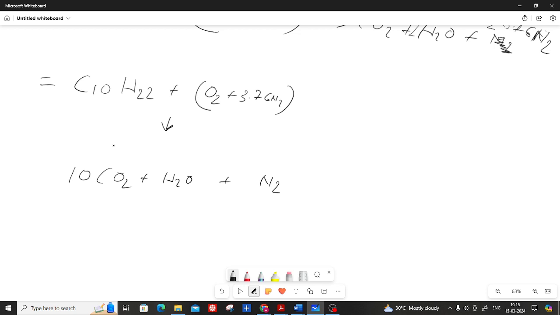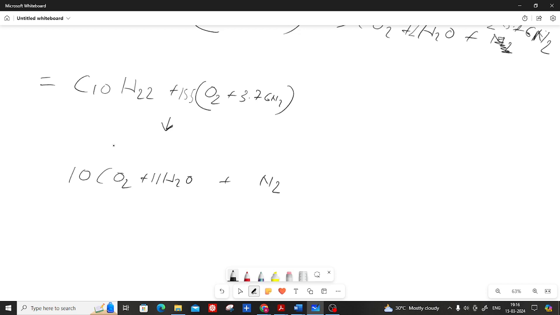There are 22 hydrogen atoms, so you multiply with 11. So now carbon and hydrogen are balanced. Now you balance oxygen atoms. 10 into 2, 20 plus 11, what is that? 31. So now 31 upon 2 is 15.5.